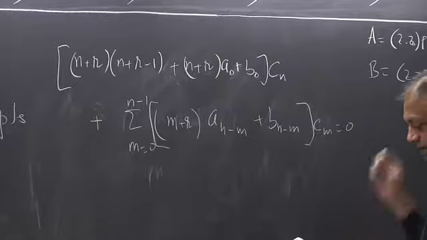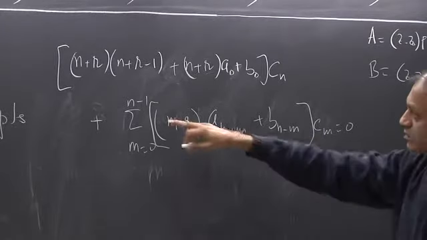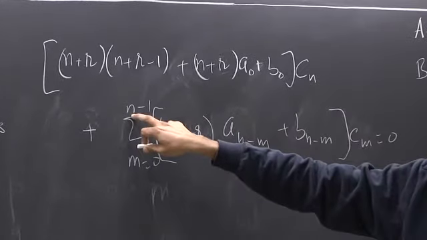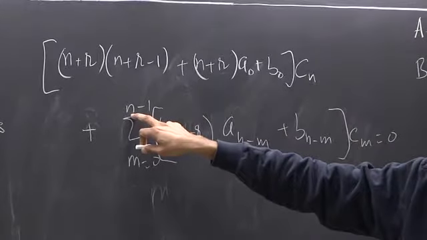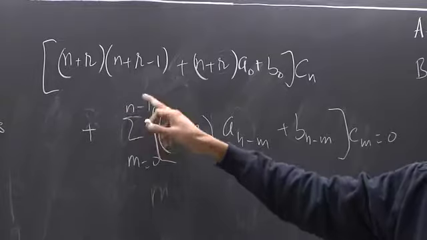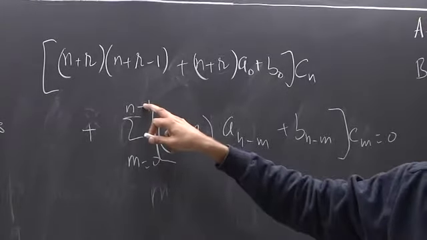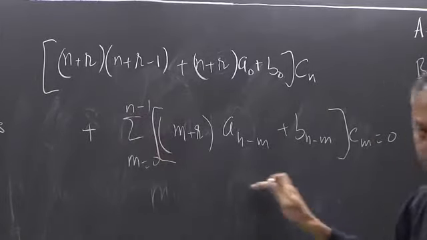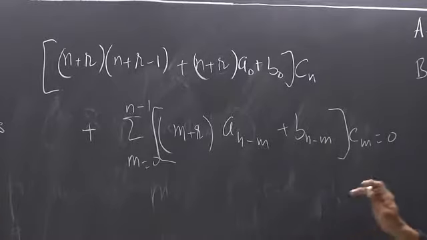Right? It is understood that this sum term exists only for n greater than or equal to 1, because if n equal to 0, the sum from 0 to minus 1 doesn't make sense. The second term only exists for that.